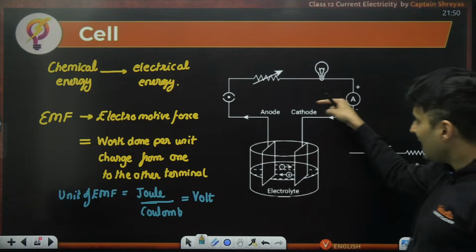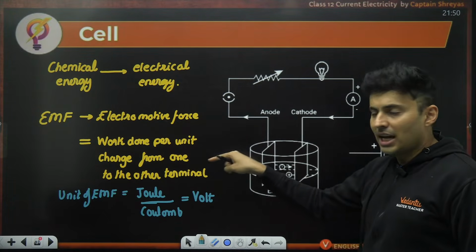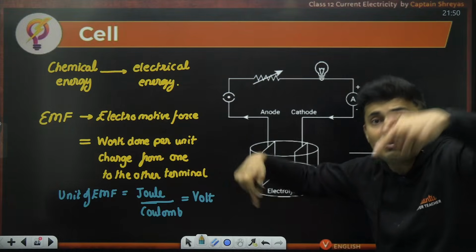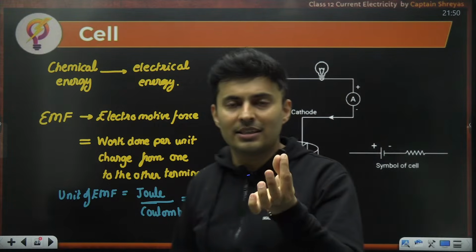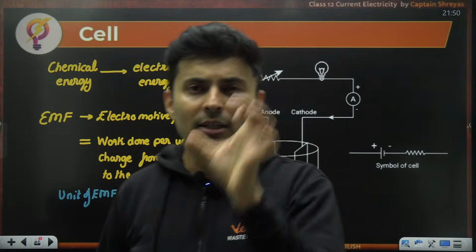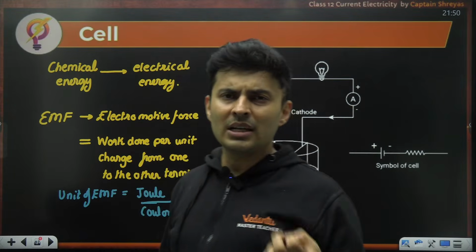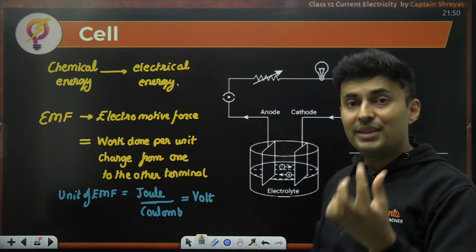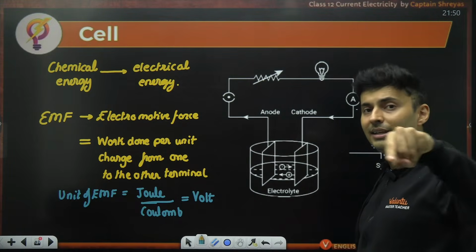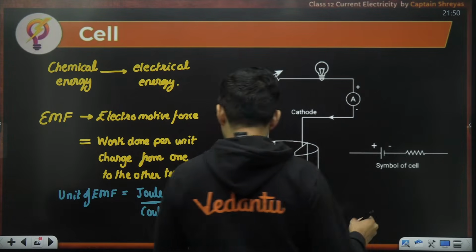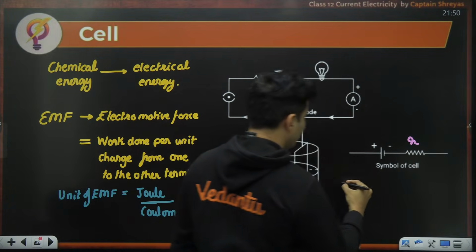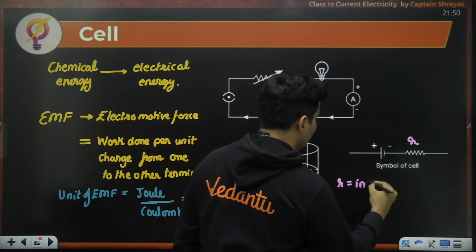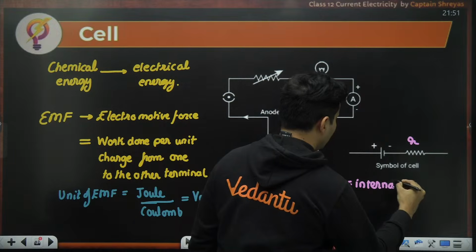But as the charges move within the battery, not outside, within the battery, they might encounter some resistance within that electrolytes or whatever that liquid or solid is there. So that resistance which is encountered internally is called the internal resistance.